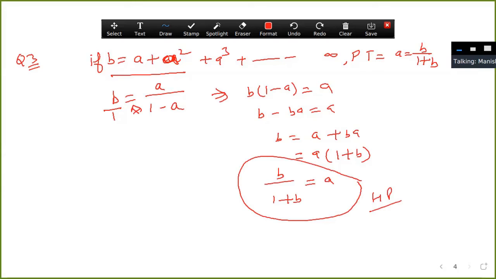Suppose next is question number 4. Write down the statement.